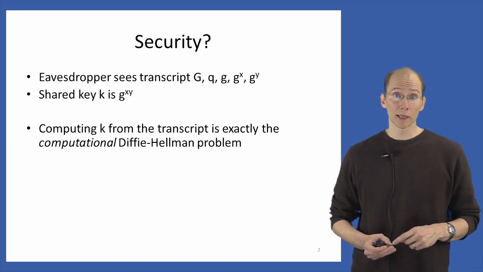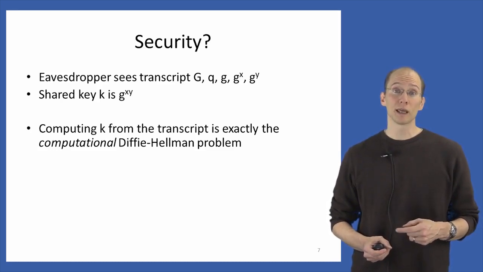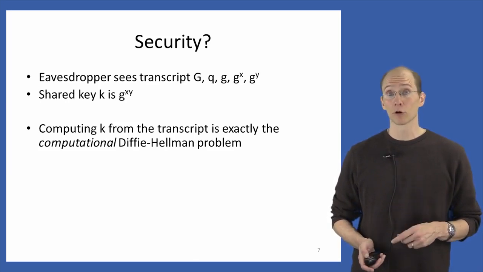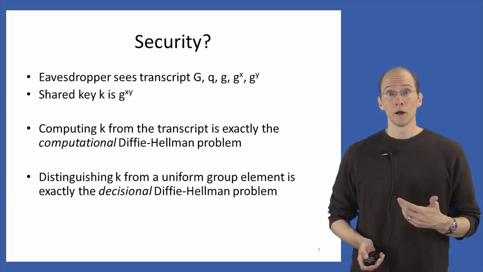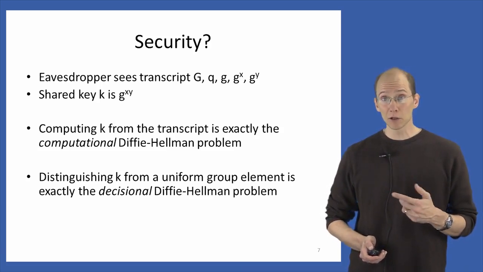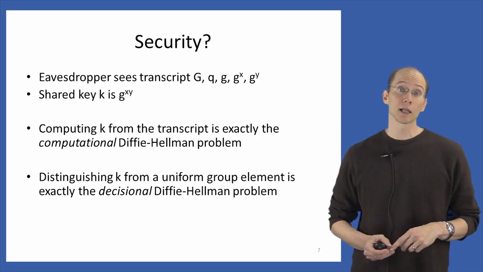But as we said in the last lecture, being unable to compute the key from the transcript is a relatively weak security guarantee, and we'd like something stronger. Thankfully, the decisional Diffie-Hellman problem implies exactly what we need.